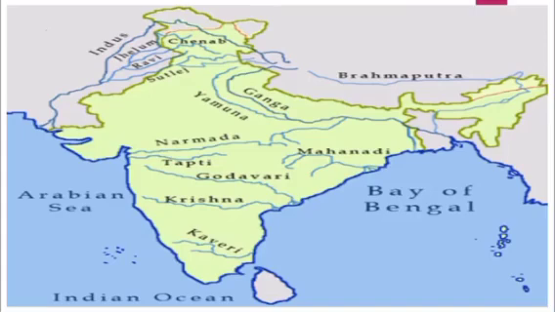Now we can see an outline map of India. Here we can see the 5 rivers like Indus, Jhelum, Ravi, Chenab and Sutlej.